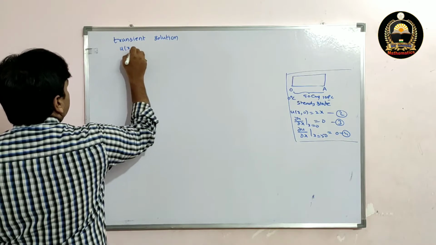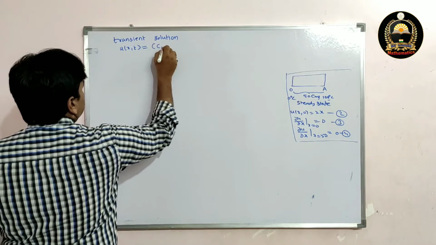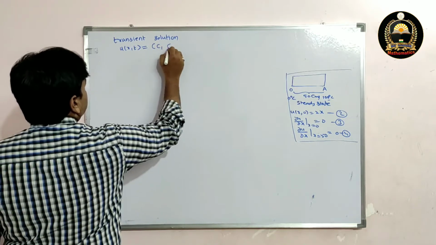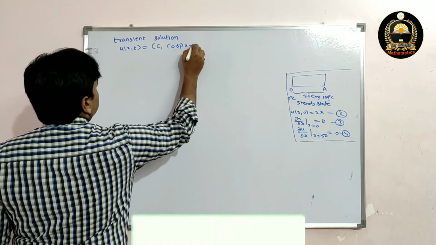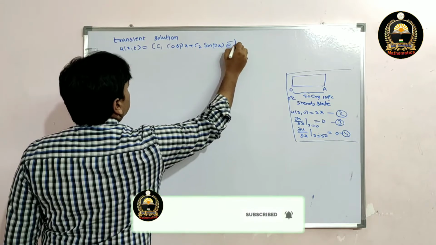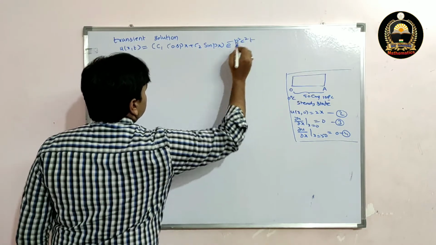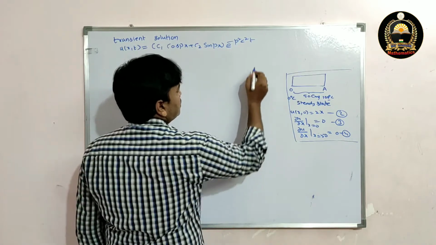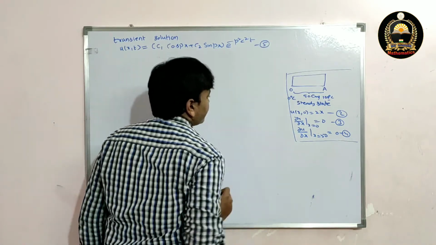U of x comma t is equal to C1 cos px plus C2 sin px into e power minus p square c square t. So this is 5.